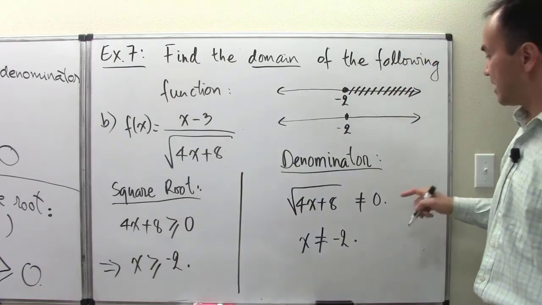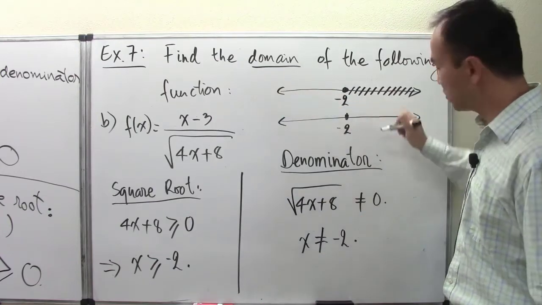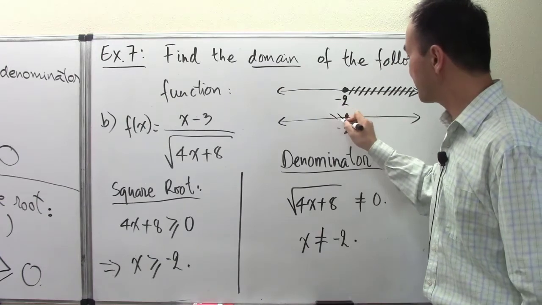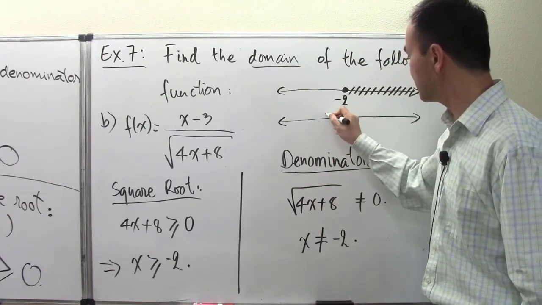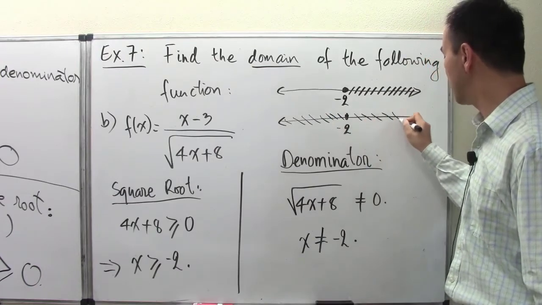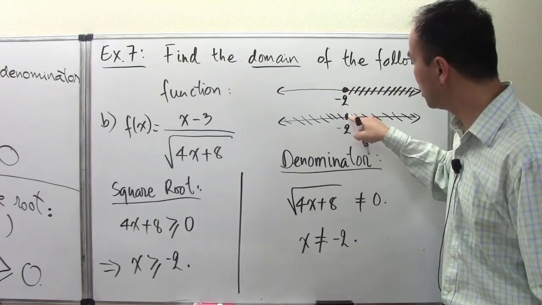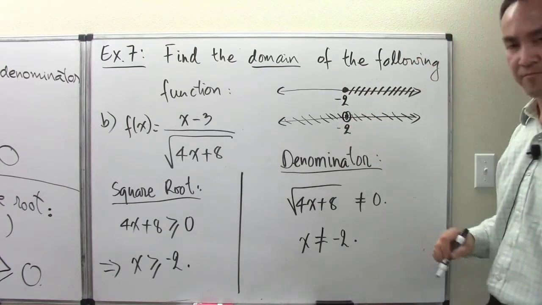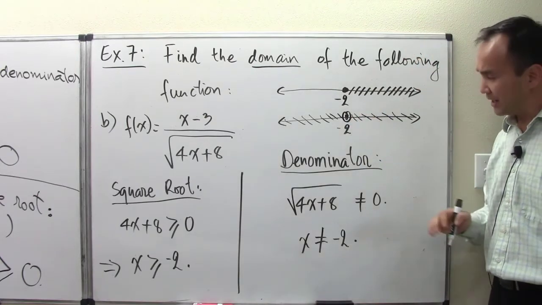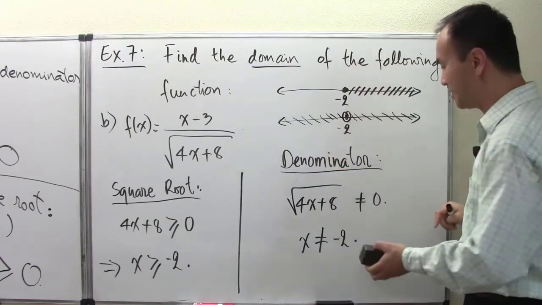And then for the second requirement, I'm going to draw the shading the other way around. For this denominator requirement, we take anywhere other than -2, excluding -2.